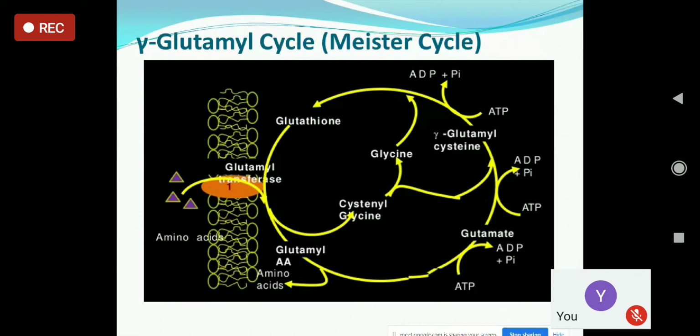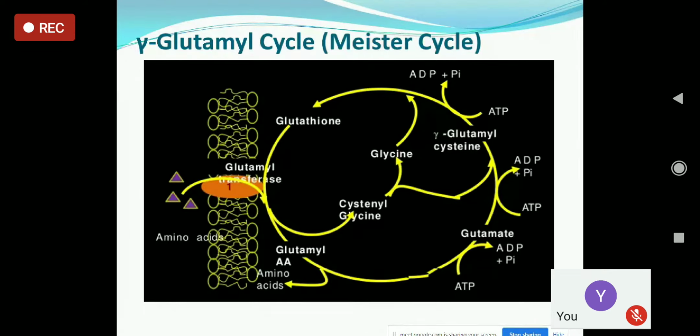Okay, this is another method, another technique for the absorption of amino acids. This is known as the gamma glutamyl cycle. This process is not that important as compared to the previous one, but just for your knowledge.